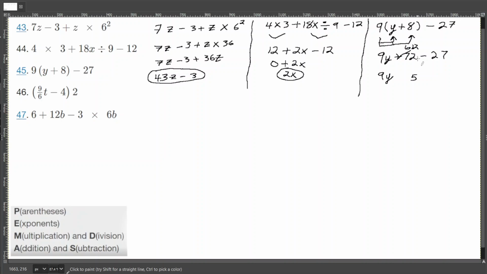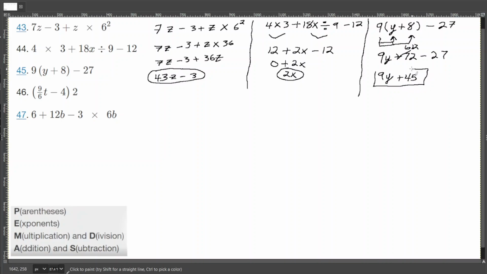Is that 55? No, 45. Plus 45. So nothing about this is negative. This is just 72 minus 27. 8, 9, 10, 11, 12. Yep, just double checking myself. So that's our final answer.